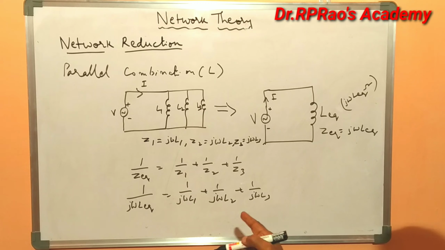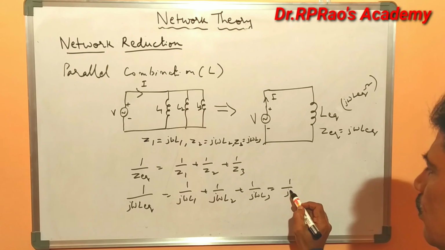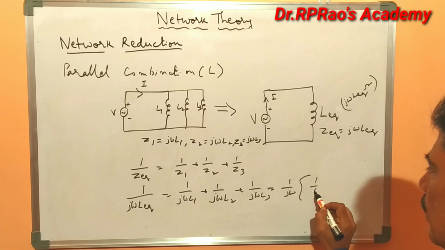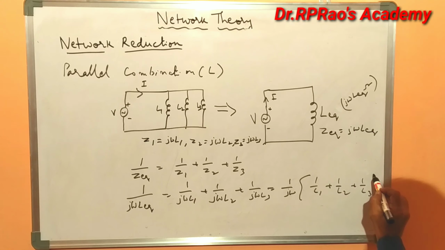Now if we take 1 by j omega common, we get 1 by L1 plus 1 by L2 plus 1 by L3.